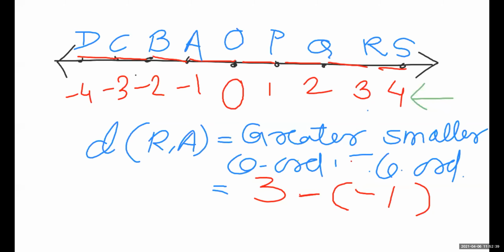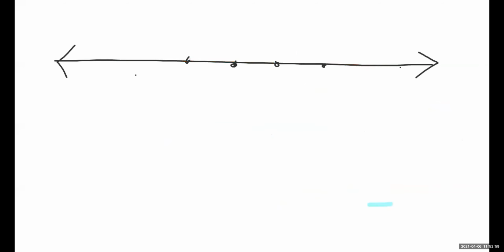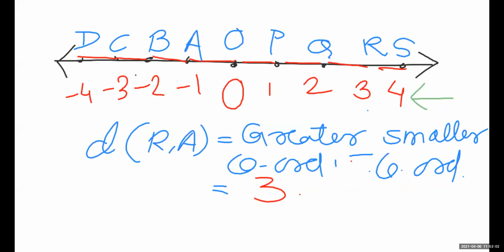Okay. Now, according to the sign rule, minus minus will be the plus. So we are just changing this sign. So minus minus will be the plus, and here 1 as it is.